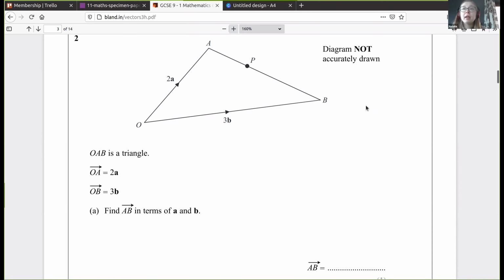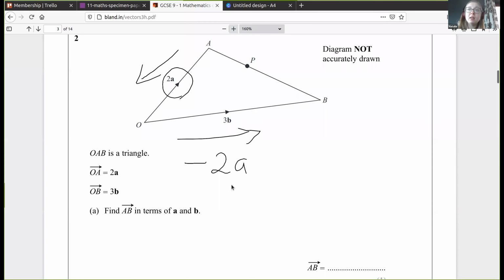If I wanted to work out the vector A to B, then I would need to walk this way from A to O, and then this way from O to B. Because I'm going in the opposite direction to the arrow on this vector, it's minus 2a to get from A to O. And then because I'm going the same direction as this vector, it's then plus 3b.